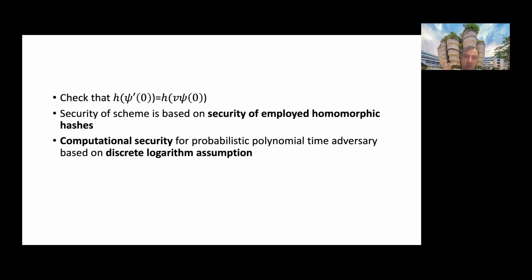And we can check that the hash of C prime at point 0 is equal to the hash of V times C at point 0. Since C at point 0 is known to us, and V is known to us because we are the client, we can find V times C at point 0 and find the homomorphic hash of this quantity and compare it with the homomorphic hash of C prime at point 0, which we got from the responses to the second queries.